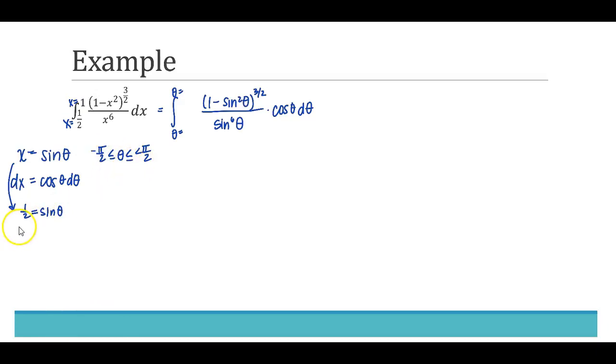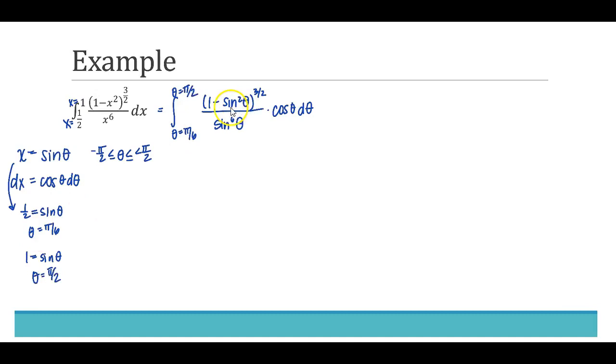And so the one value that is going to work is theta equals pi over 6. So sine of pi over 6 is 1/2. So we can go ahead and replace that. And then if x is equal to 1, then we have 1 is equal to sine theta. And on that restriction, we have that theta must equal pi over 2.